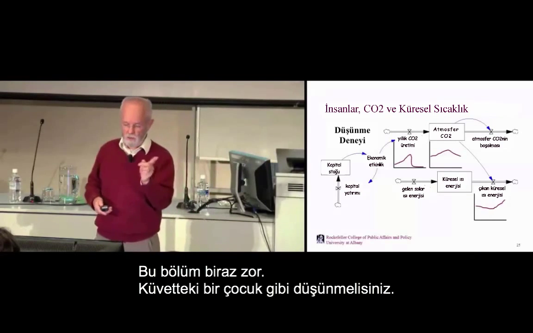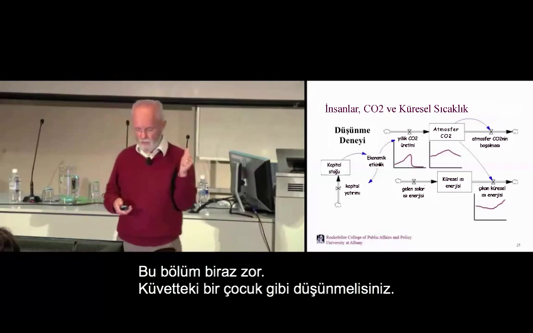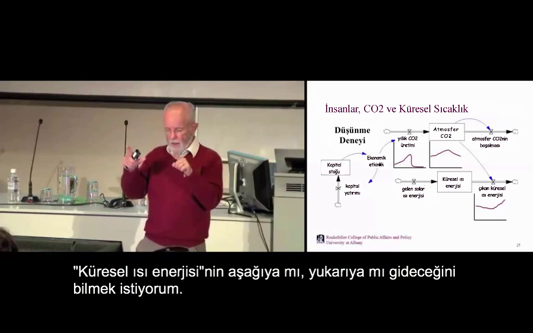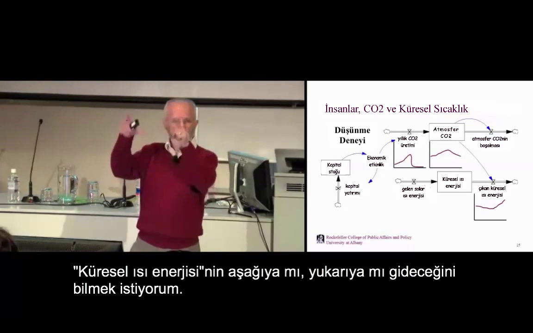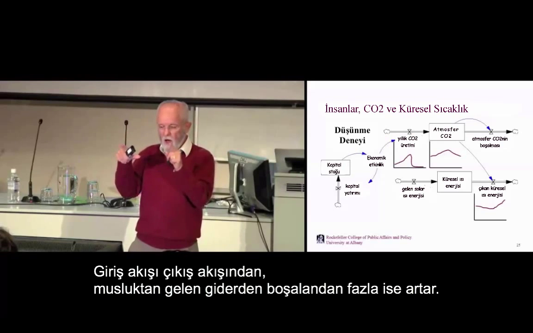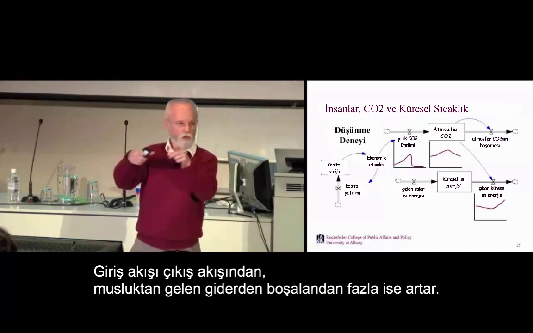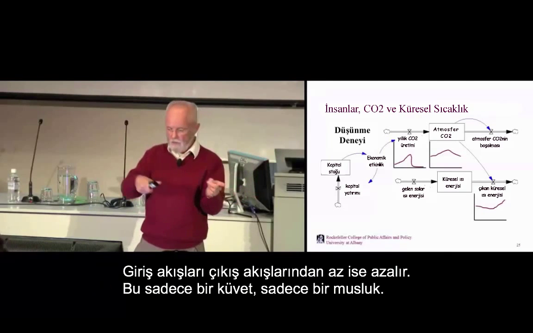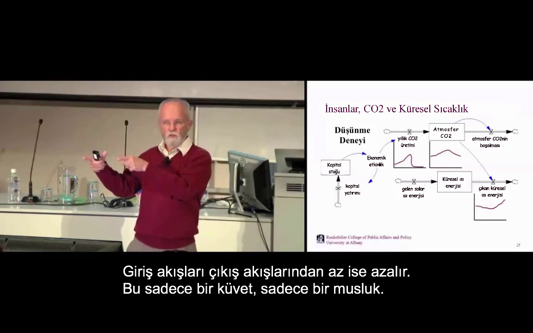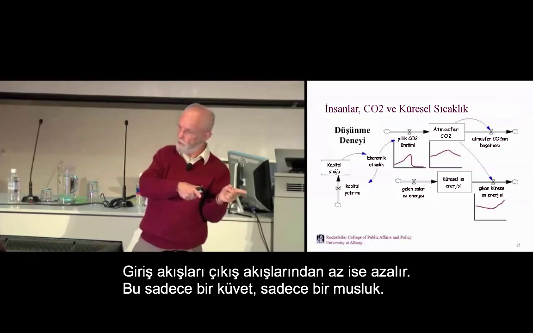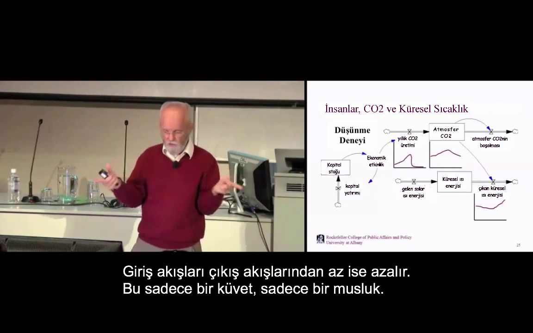Now this part's a little bit hard. You have to think like a kid in a bathtub. I want to know whether global heat energy is going up or down. It's going up if the inflow is greater than the outflow, if the faucet's turned on more than the drain. It's going down if the inflow's less than the outflow, right? This is just a tub, it's just a faucet.